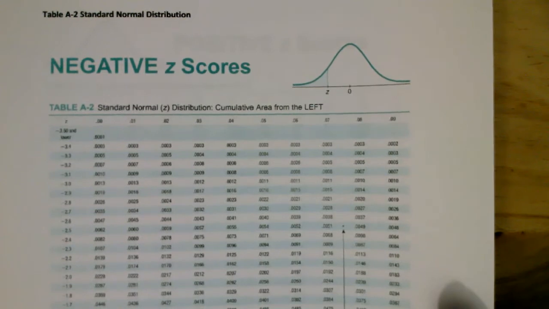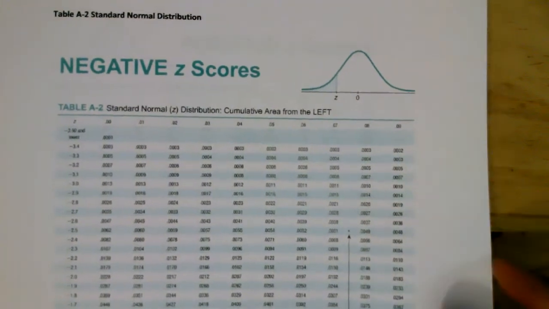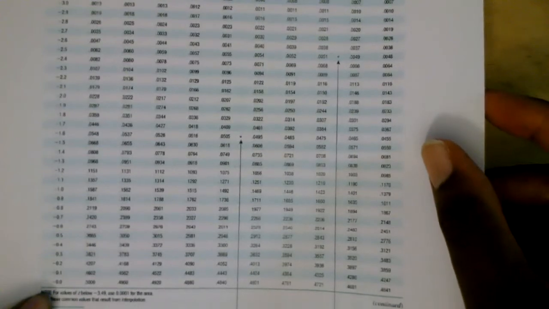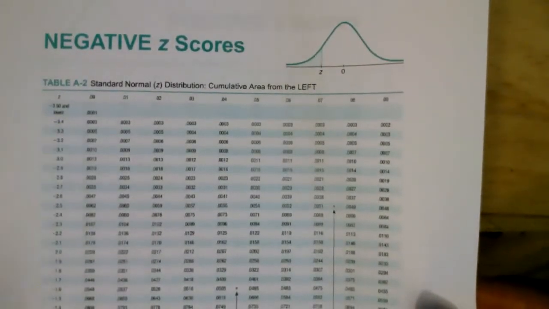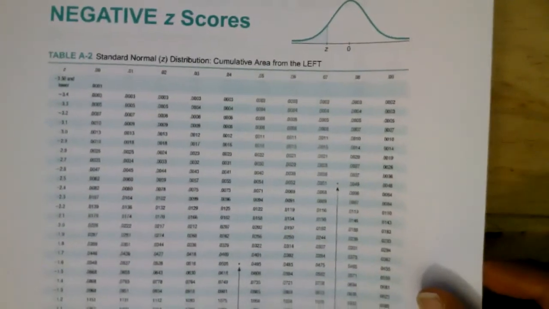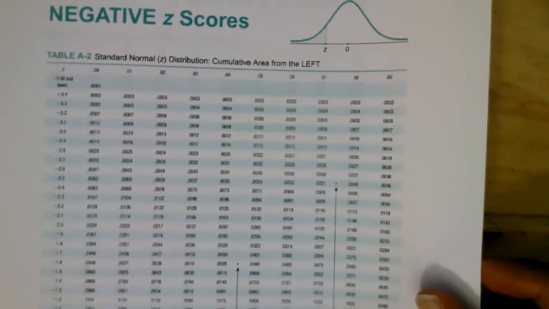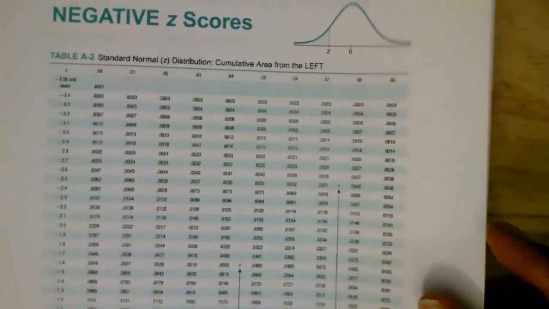Okay, this one is for negative z-scores, because this goes from 0.01 negative all the way up to negative 3.49.